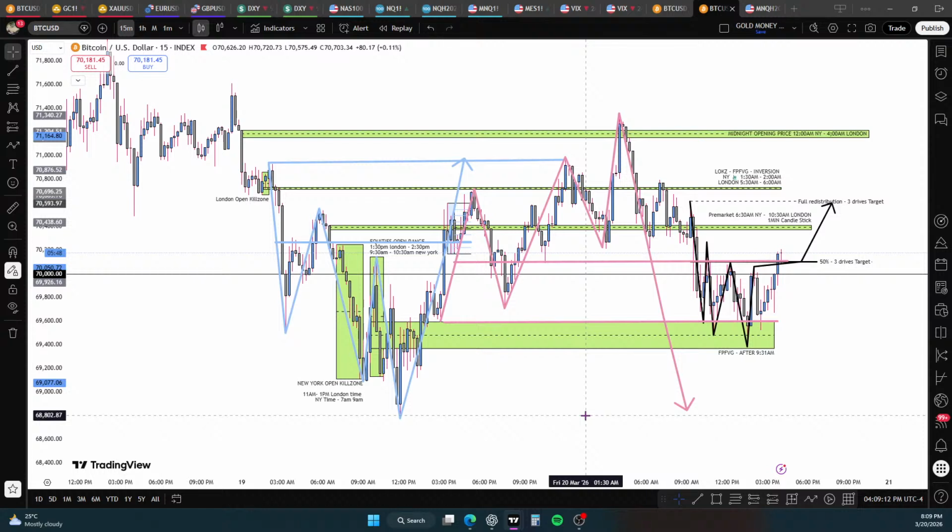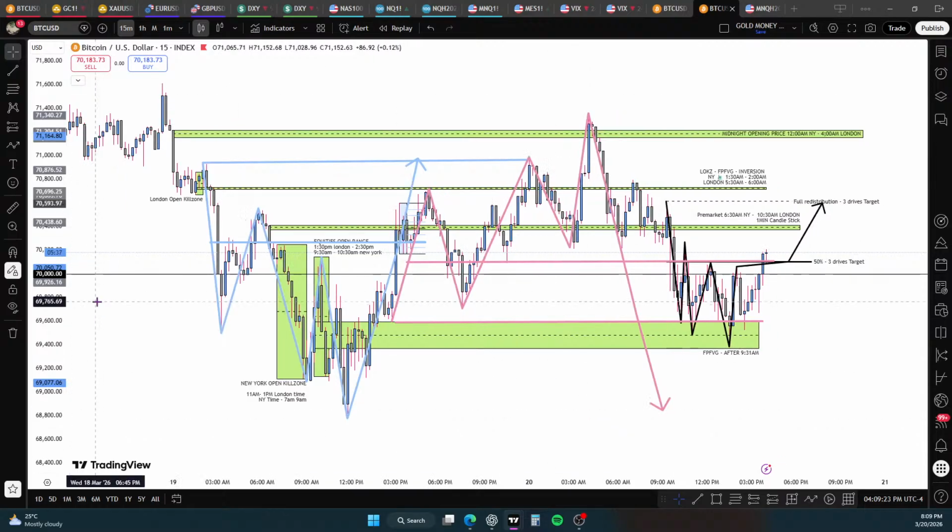If you're using that, and that's what the market's printed to you, and you can't see the other ones, then you use that. You know what I mean? This is great. 1, 2, 3 lows, and then 50% of that in the full redistribution.